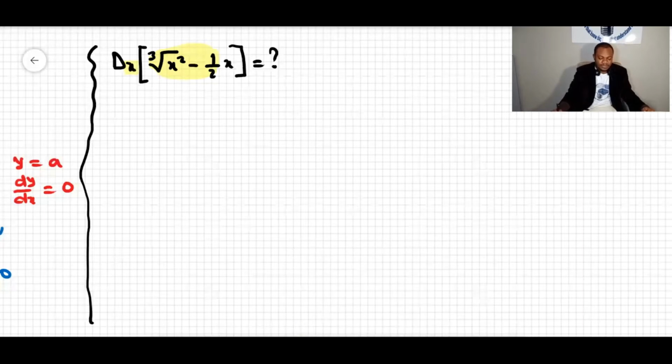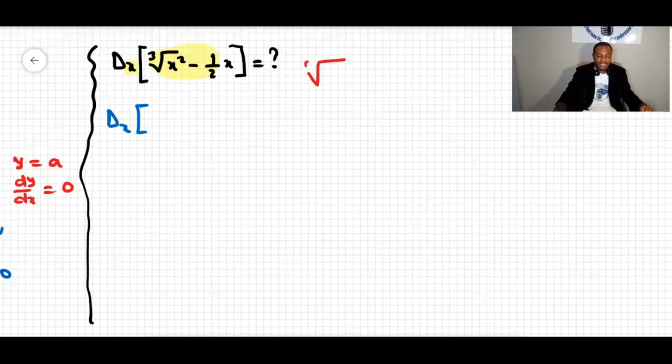Now, this is what we are going to do. First, the best way is to transform the function. Sometimes the functions are not written in an easier way for us to solve. So we're going to transform the function to make it easier for us to differentiate. So cube root of x squared here, we can change it, because the law of exponents says this.